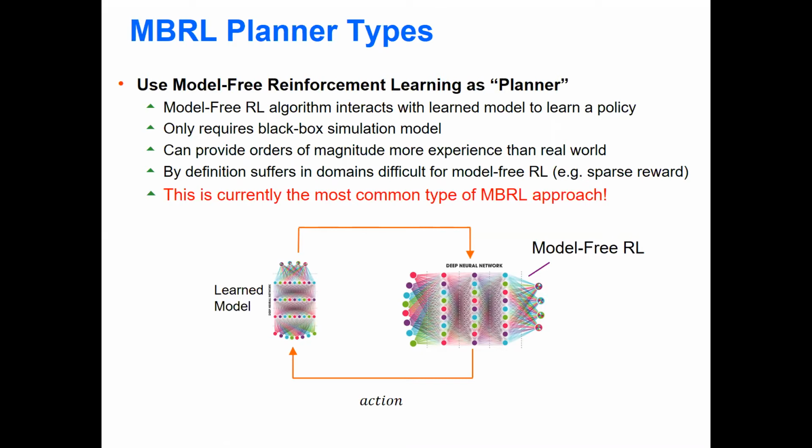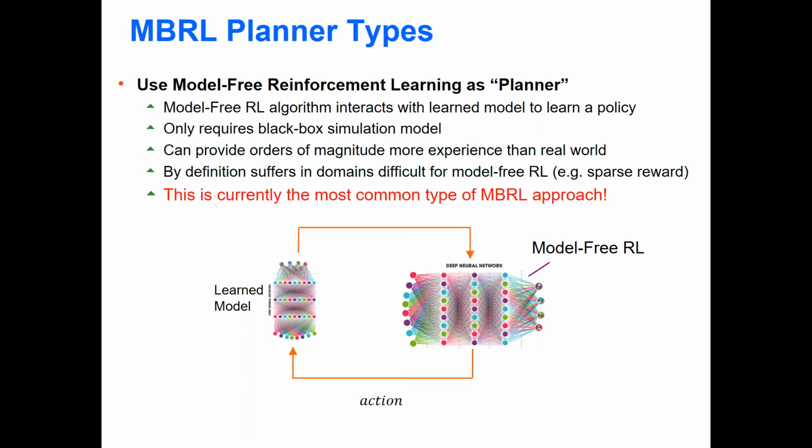And this is partly because the tools for these model-free RL algorithms are readily available, and partly because some of our best planners are not really applicable to the representations that can be learned.